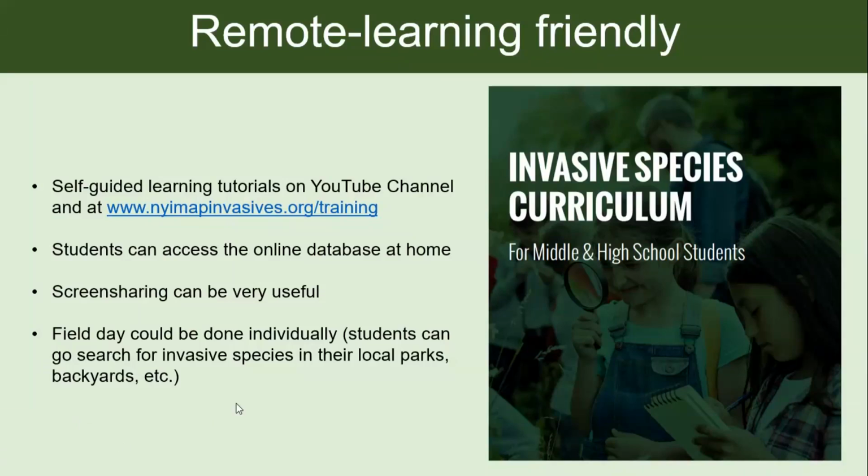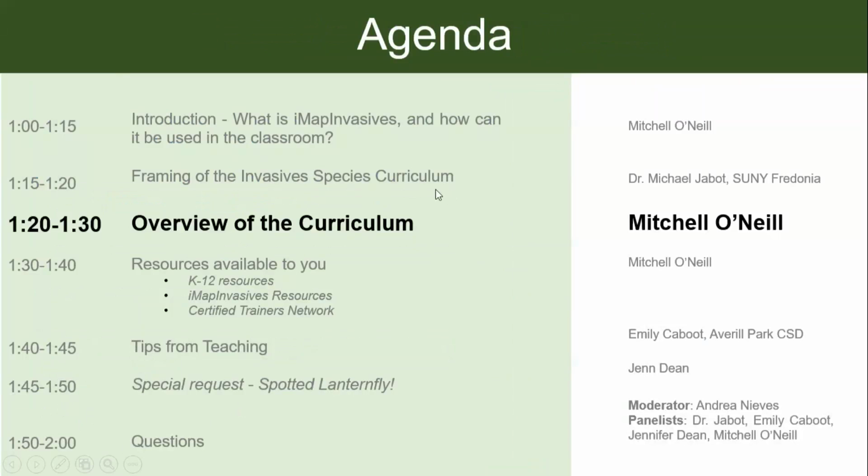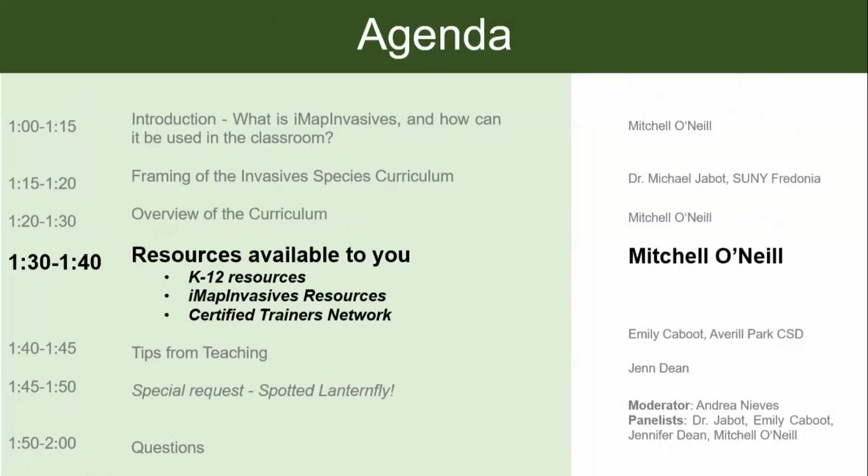So instead of going out together, students could go out in their own backyard or a local park if they have a parent who can bring them and look for invasive species that way. And so that was the general overview of the curriculum. So the next thing I wanted to discuss was what resources are available to you in any effort to implement this curriculum. So I'll show you where you can find everything.